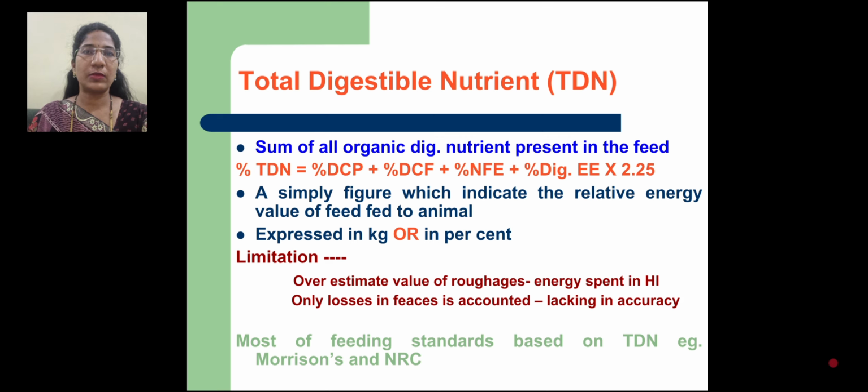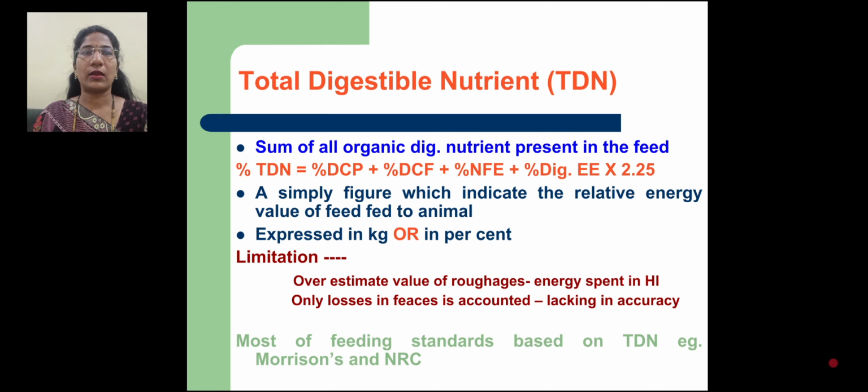This digestible ether extract is multiplied by the factor 2.25. It is a figure which indicates the relative energy value of a feed fed to the animal, and it is always expressed in kg or in percent.